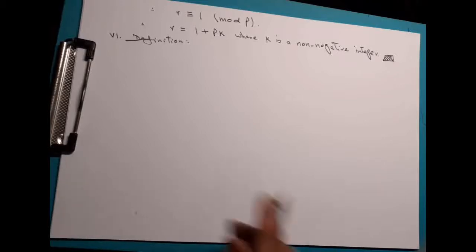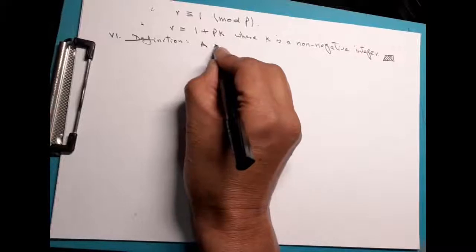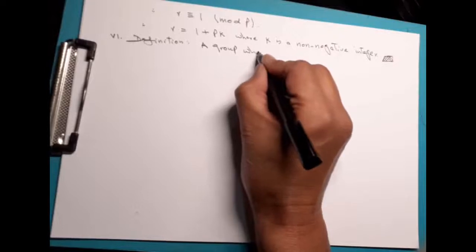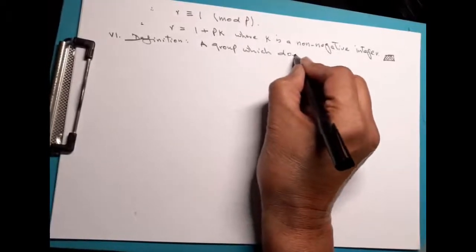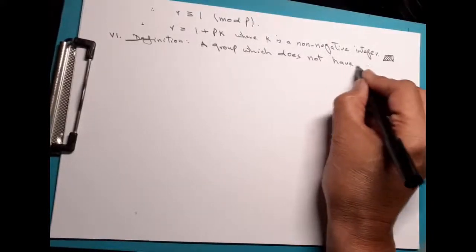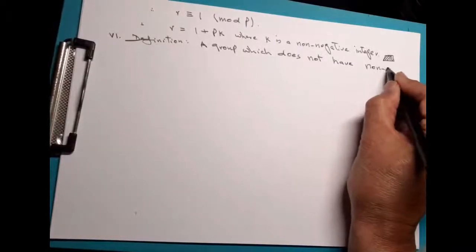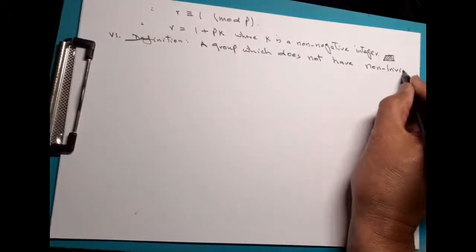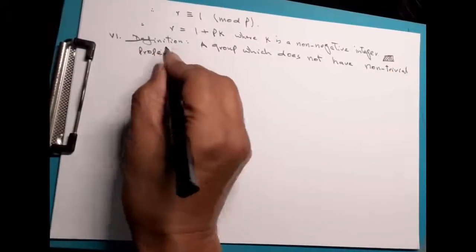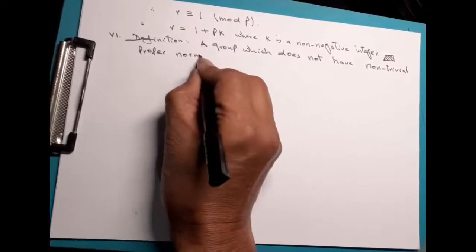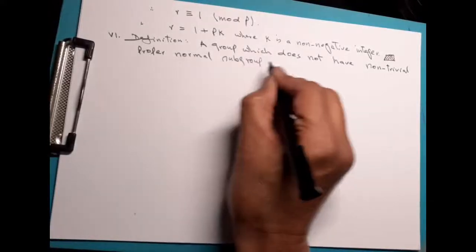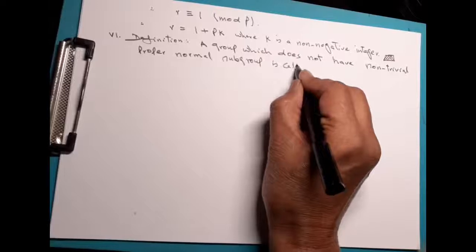So a group which does not have a non-trivial proper normal subgroup is called a simple group.